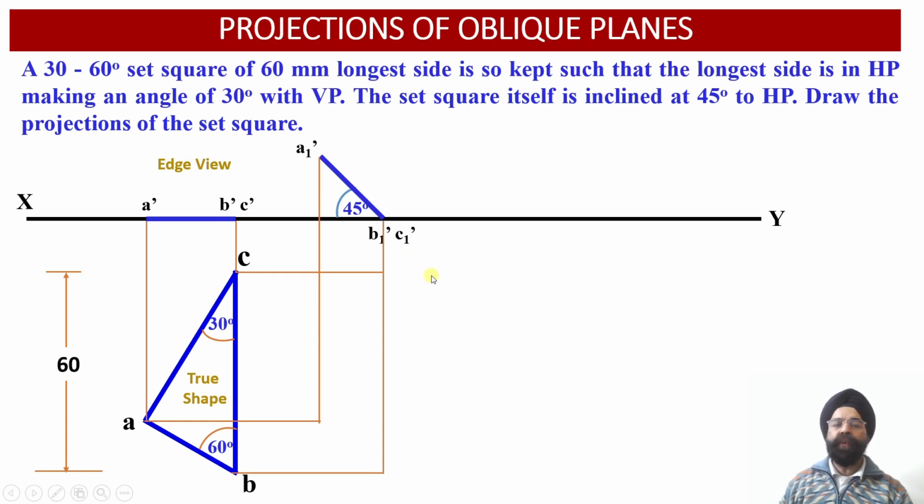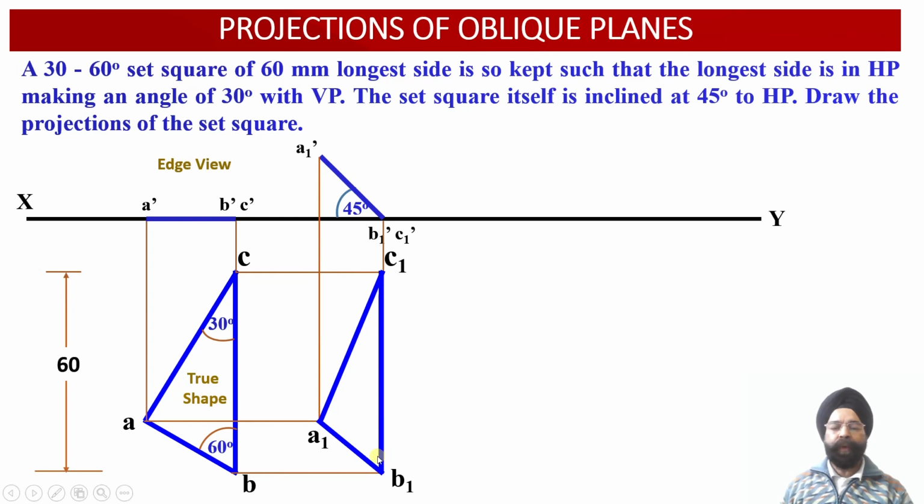So now how do we obtain the top view projection over here? Using the principle of obtaining the corresponding points in the top view projections, we will be obtaining the corresponding projections of the top view projection over here. So now from A1 dash, B1 dash and C1 dash, we have drawn these two vertical perpendicular projectors over here.